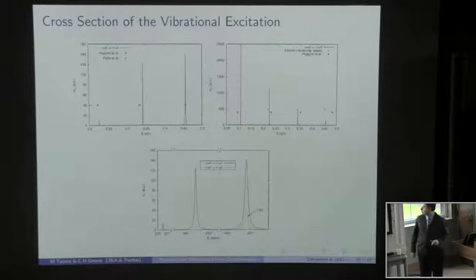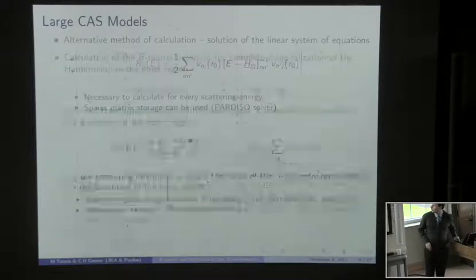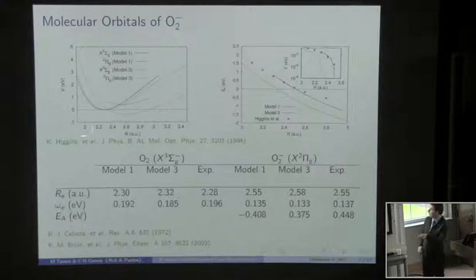So let me very briefly show you very preliminary results for the vibrational excitation of the oxygen dimer calculated using this vibrational frame transformation in the doublet pi G symmetry. So it's the symmetry where you have this low resonance that I showed here.